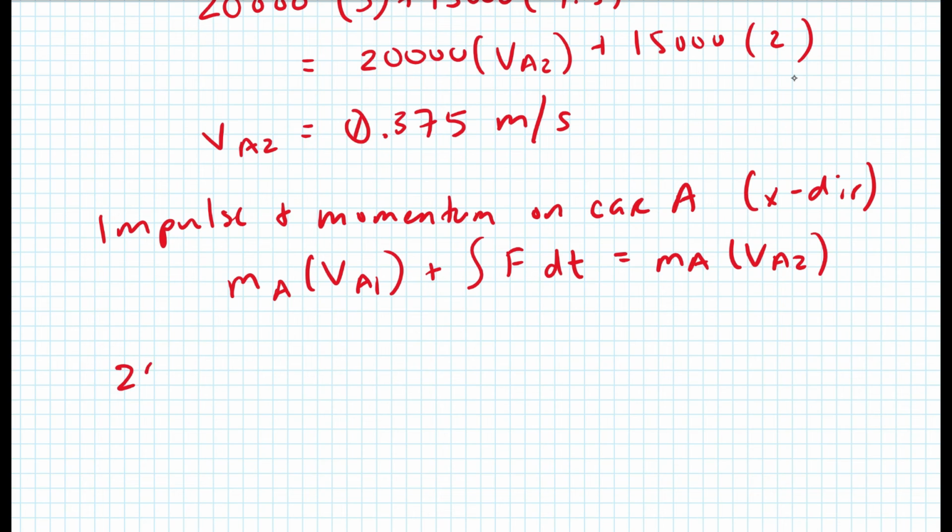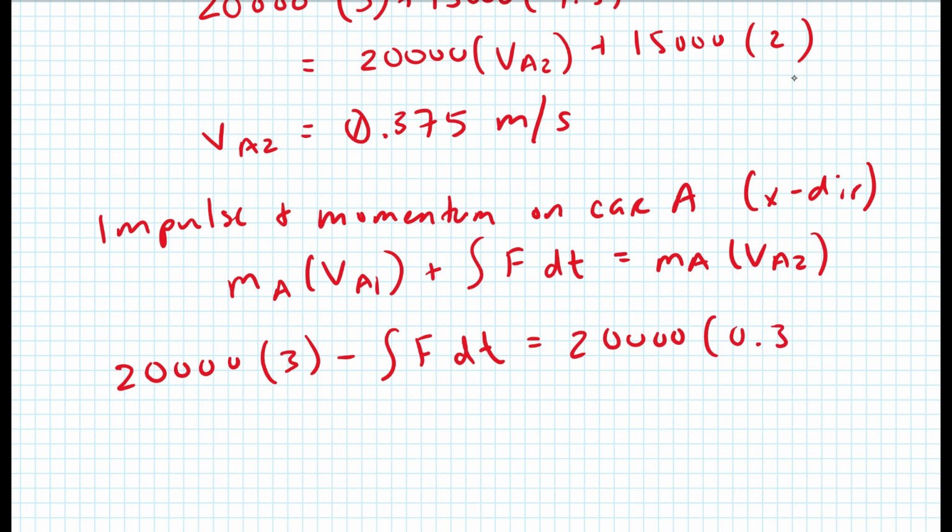That gives us 20,000 times 3 minus the integral of F with respect to t equaling 20,000 times 0.375. So that integral of F with respect to t is equal to 52,500.